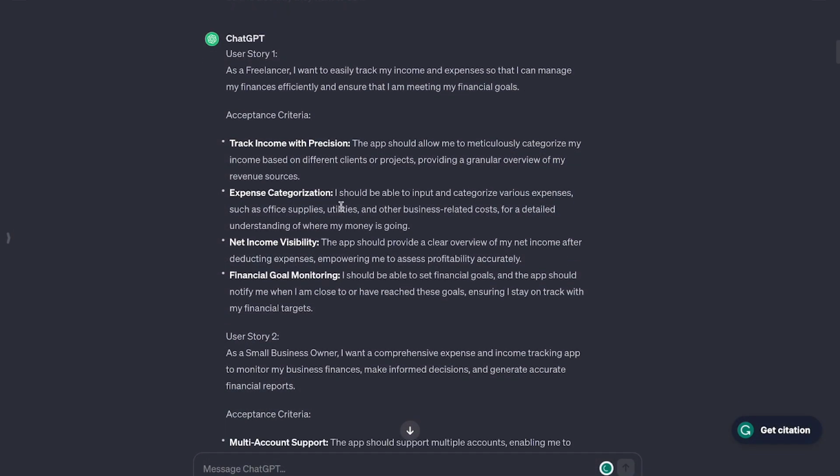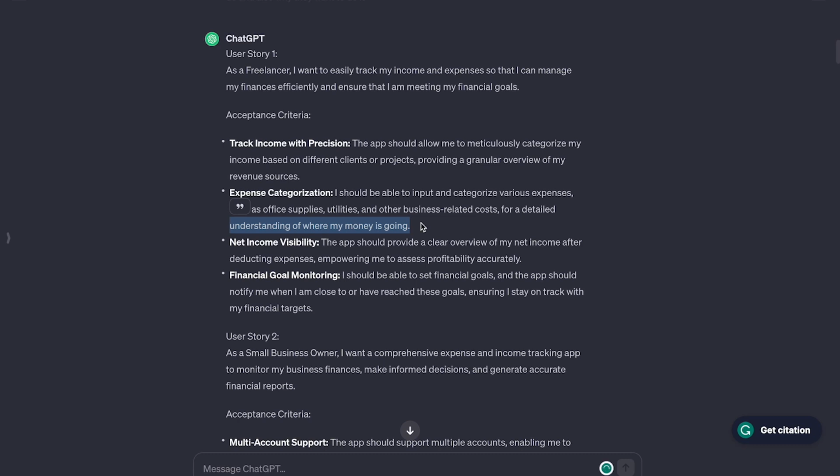Okay, then I should be able to input and categorize my various expenses. Now, in this case, inputting information is not something the users have to do because the app is automatically going to do it. But we can just ignore the input part. So I should be able to input and categorize various expenses such as office supplies, utilities, etc. for a detailed understanding of where my money is going. Now, this again is a little bit vague, right?